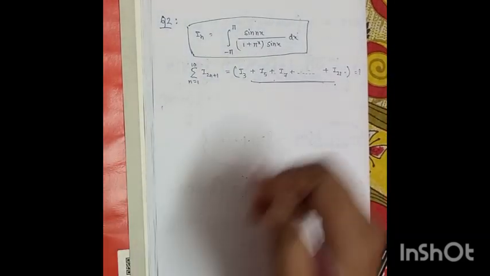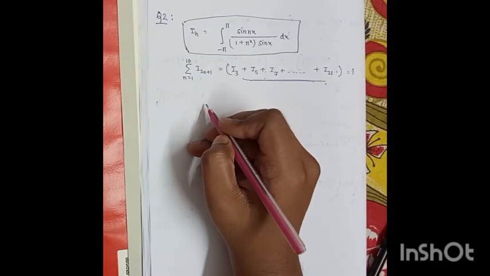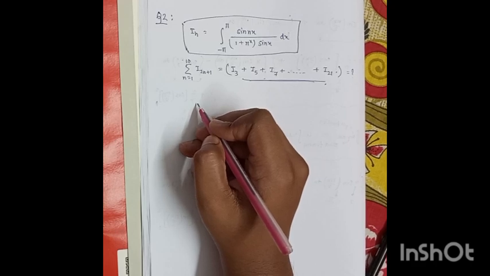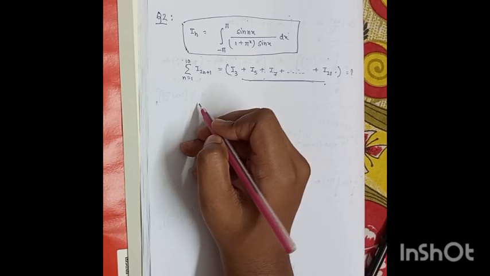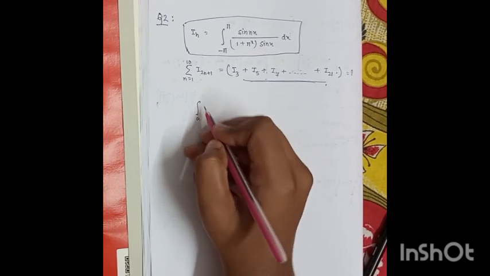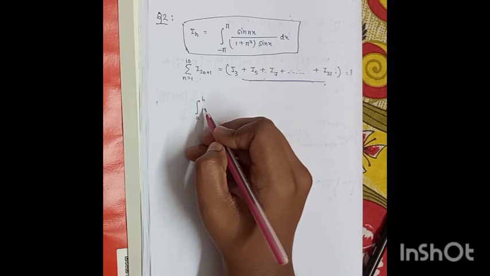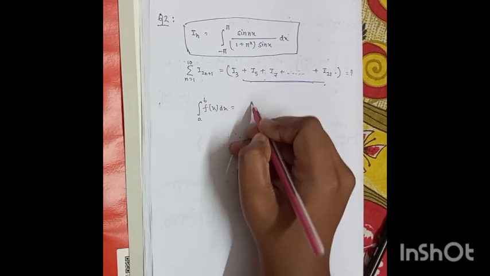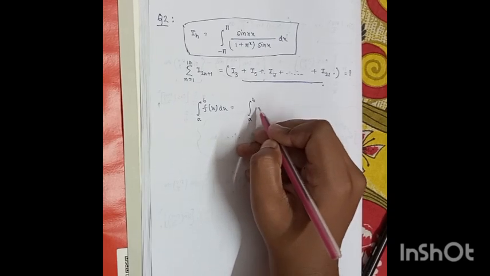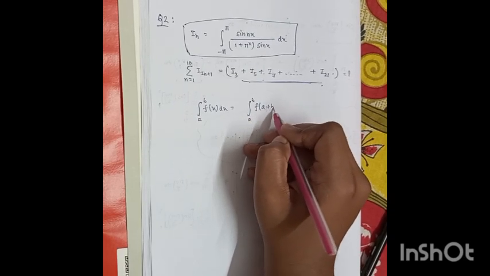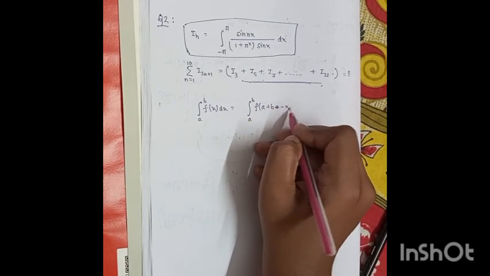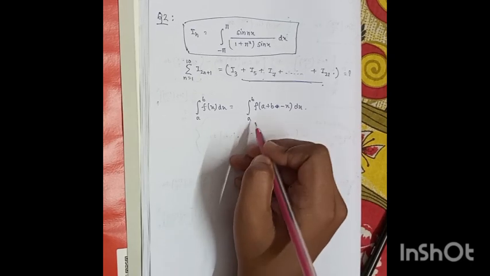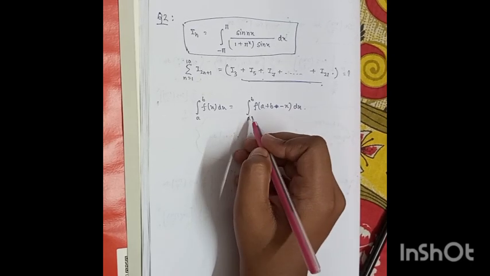We know that there is a property in definite integration that is called King's rule. So it says integral from a to b of f(x) dx is the same as the integral from a to b of f(a plus b minus x) dx.